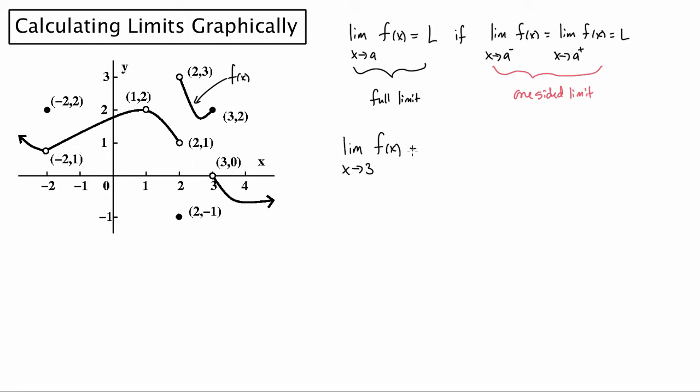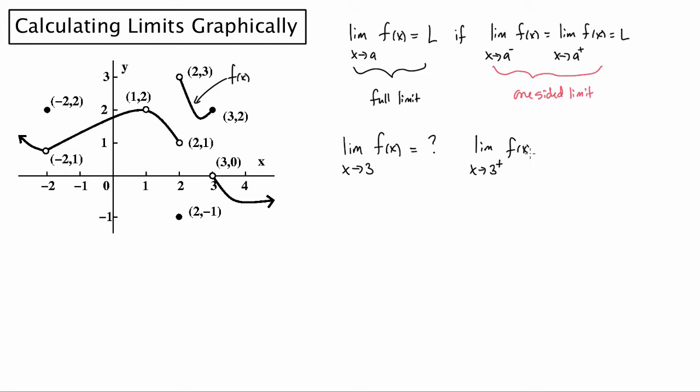So in order to do this, I need to know what the limit is from the left and the right as x approaches 3. So the limit as x approaches 3 from the right, here's x equal to 3, we're approaching it from the right, the limit is the y value. So what's the y value at the point 3 when I approach from the right? Well, the y value is 0.